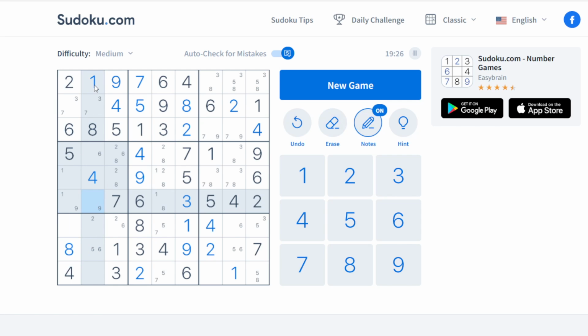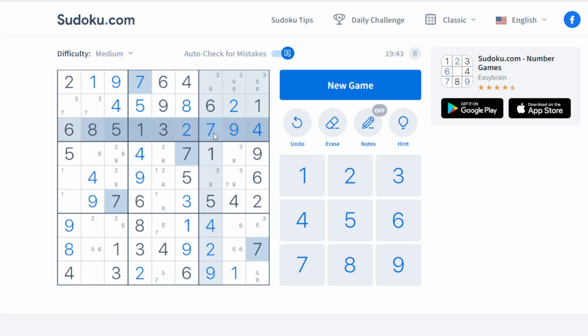All right, let's see. 1, 2, 3, 4, 5, 6, 7, 8. This is the 9. The 9 must go here, and the 9 must go there. And we know the 9 must go here. This is guaranteed to be the 7. The 7 must go right there. I'm on a roll right here. We can make a note that the 7 must be here or here.